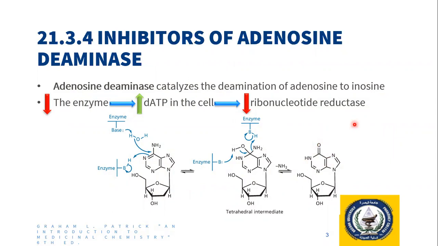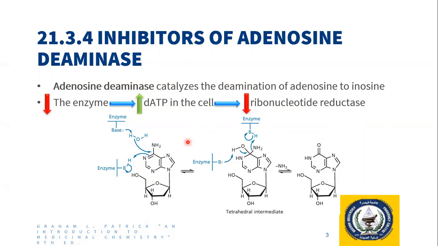And in the previous part, we talked about the reductase enzyme, right? And we talked about the inhibitors of the reductase enzyme. They found that increasing the level of adenosine triphosphate in the cell will lead to the inhibition of the ribonucleotide reductase.